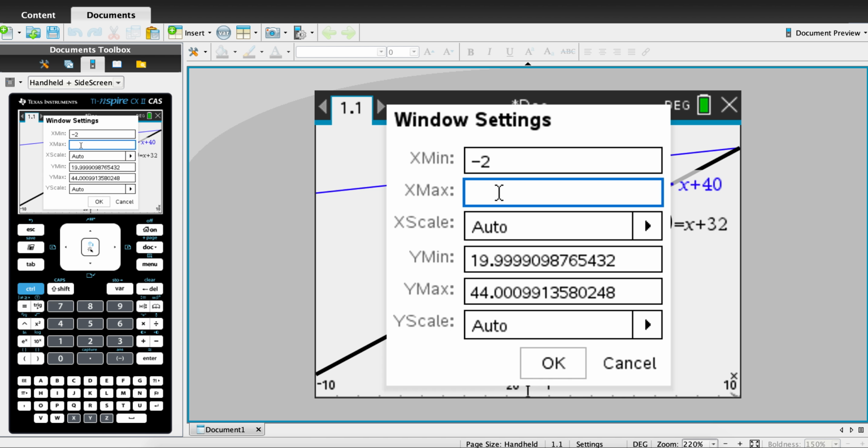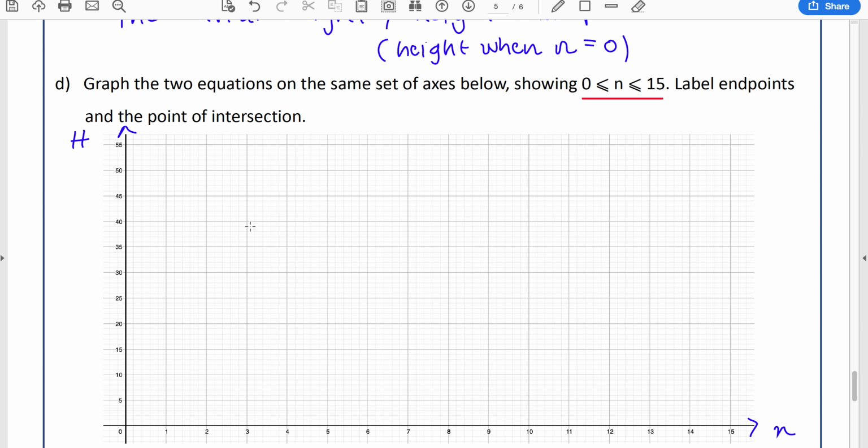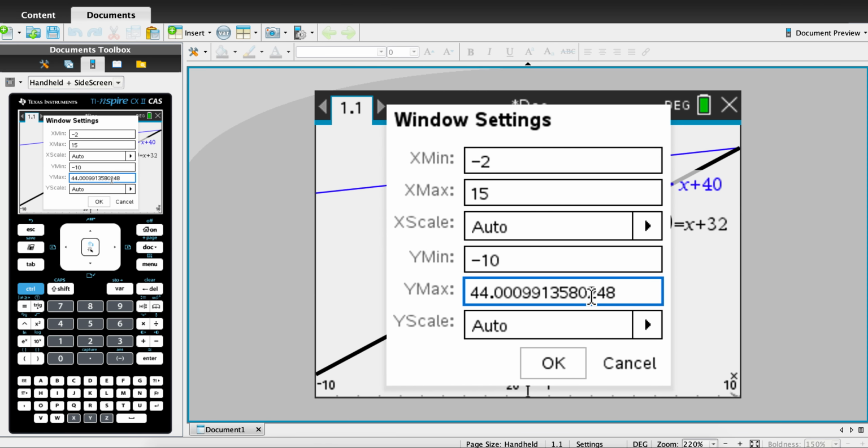And then I'll go up to 15. Now my y minimum, I might just go like -20, -10 maybe, just so I can see a little bit underneath that axis. And then the y maximum, I'm going to cheat a little bit because if you have a look over here, on this scale, it's going up to 55. So I'm going to go up to 55 on this one as well.